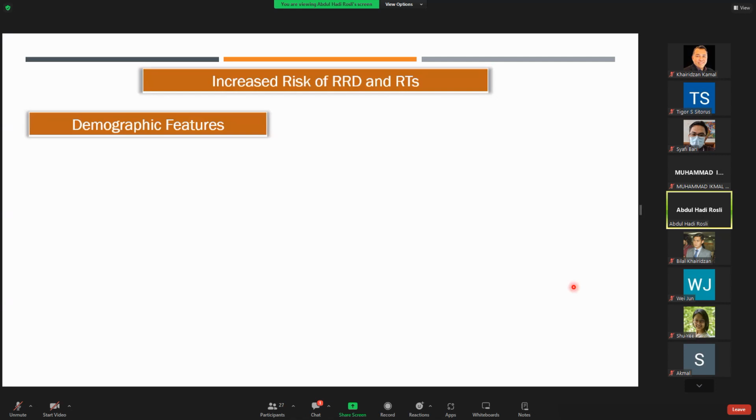About the risk for RRD and retinal tear, the study found that the major demographic risk factors for RRD after surgery were the male group, younger age group, and the white race, because they did it in the US.